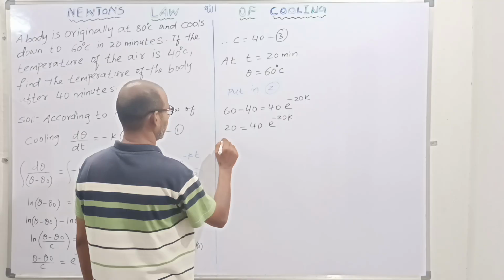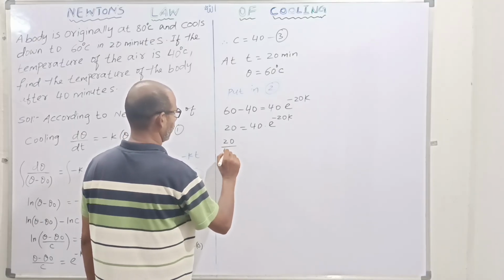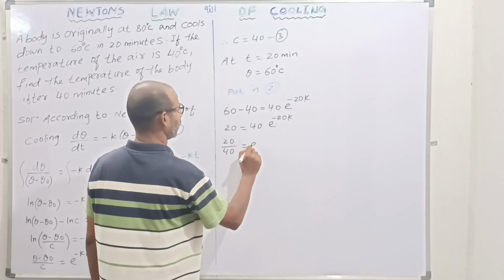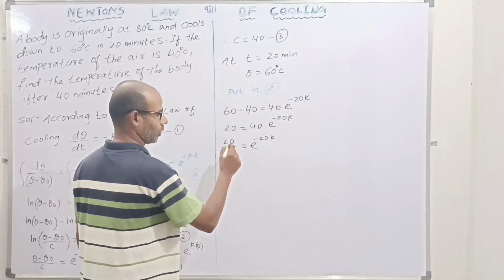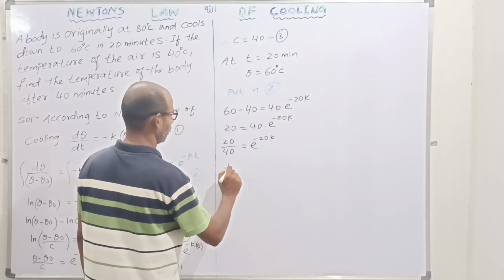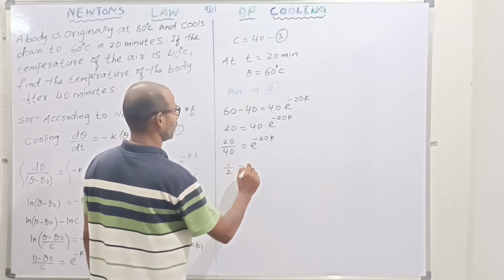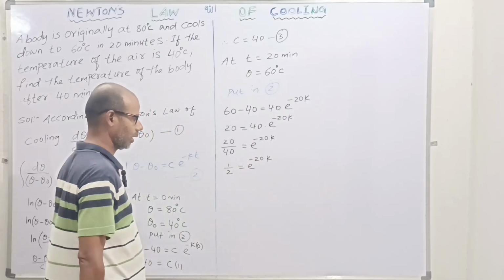Now simplify this one. 20 upon 40 is equal to e power minus 20k. So cancel, 1 upon 2 is equal to e power minus 20k, right?